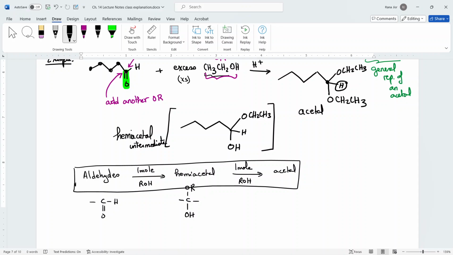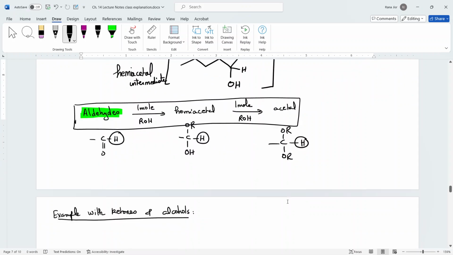So that is a hemiacetal, but the hydrogen is a must. So that tells me that I'm starting with an aldehyde in there. And then if I add another mole, then the OH is going to turn into another OR. There you go. And hydrogen again is a must, and that is going to be my acetal.